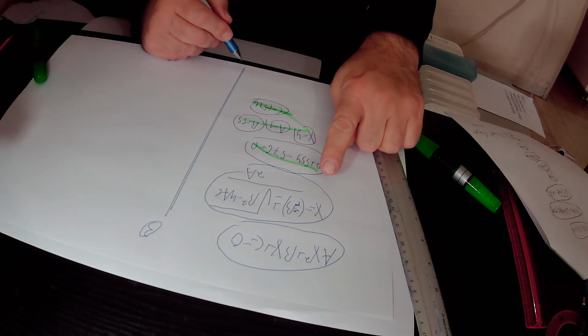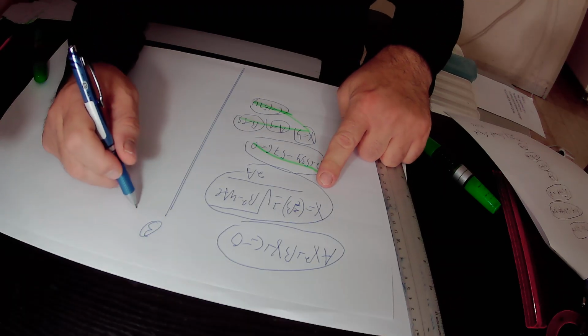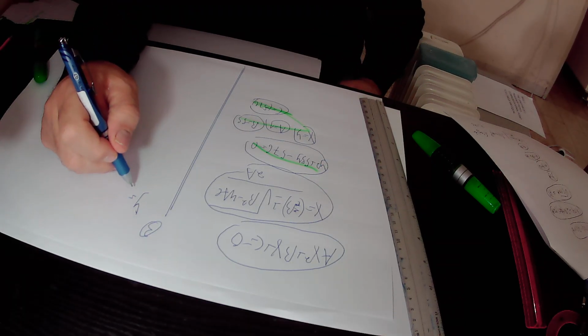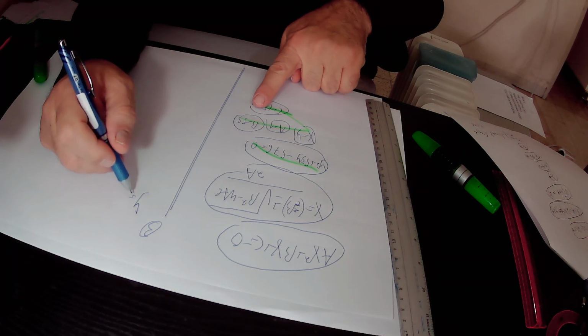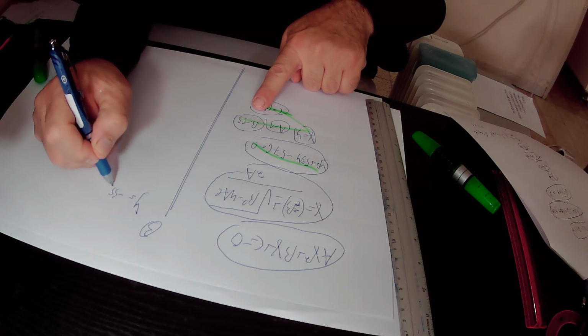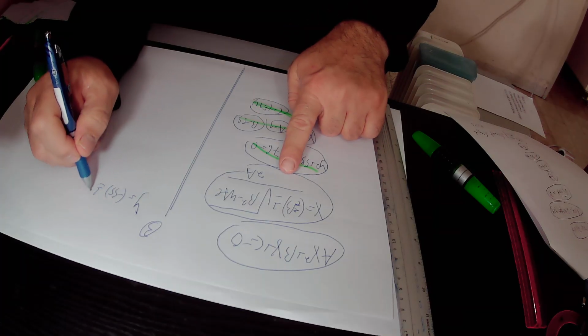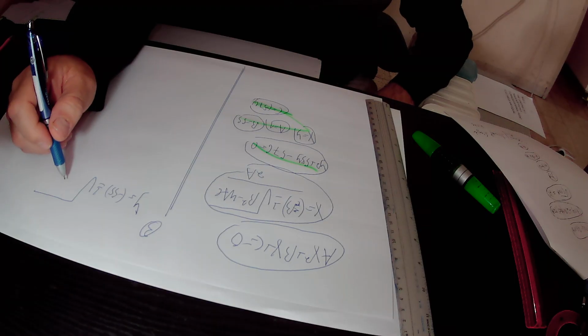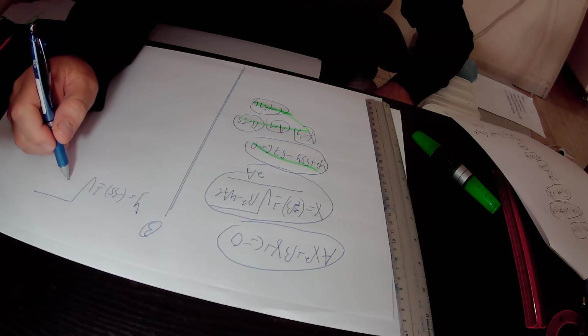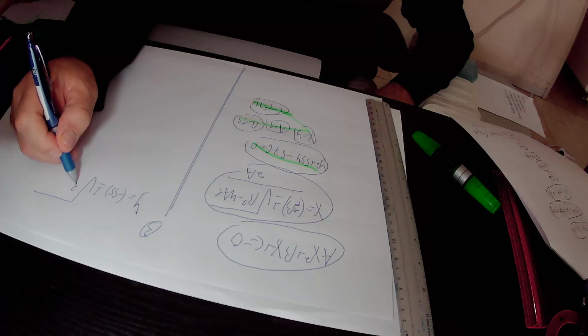X equals y, so y is the variable that we're looking for, and it is equal to minus b. B is 55, therefore minus b is minus 55, plus or minus the square root of b squared. B squared is 55 squared, which equals 3025.